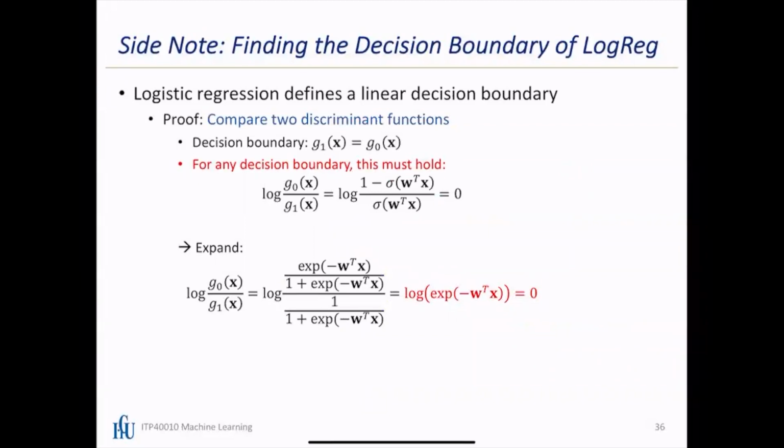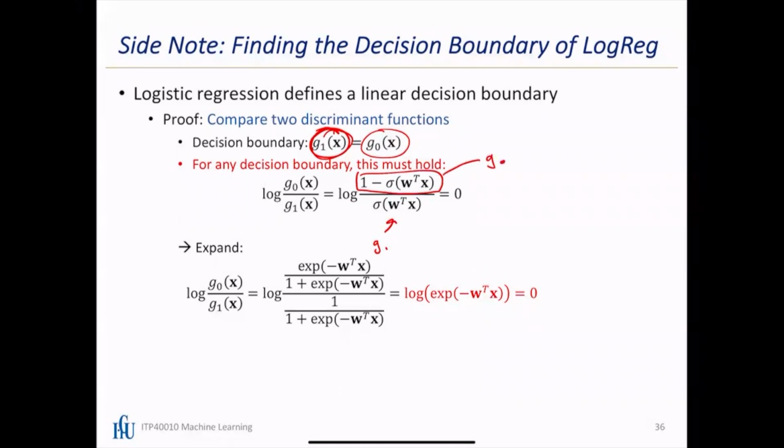And the decision boundary can be obtained from calculation as well. We are talking about two different discriminant functions from the beginning. We have G1 at hand, that is sigmoid(w^T x). We also can obtain G0 by 1 minus sigmoid(w^T x). And we want to find the position where those two quantities are equated.